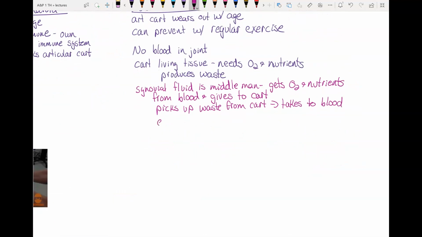So when you exercise, you make that fluid slosh around and move. And if the fluid's moving, it can distribute between the cartilage and the blood.